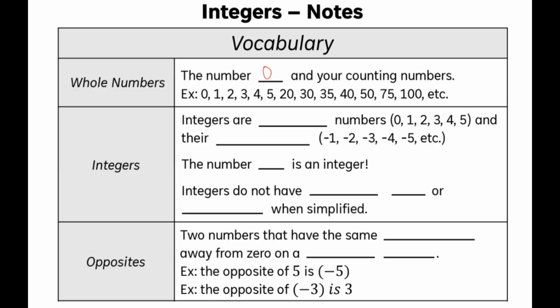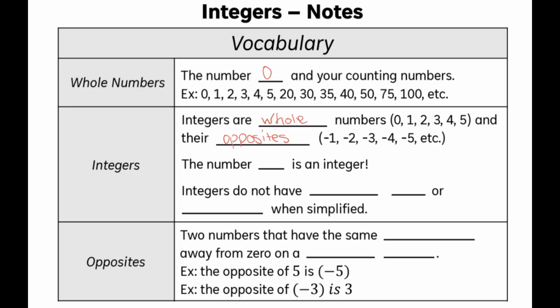Now let's go over integers. The definition of integers: they are whole numbers, which are 0, 1, 2, 3, 4, 5, etc., and their opposites. So, for example, the opposite of 1 is -1.